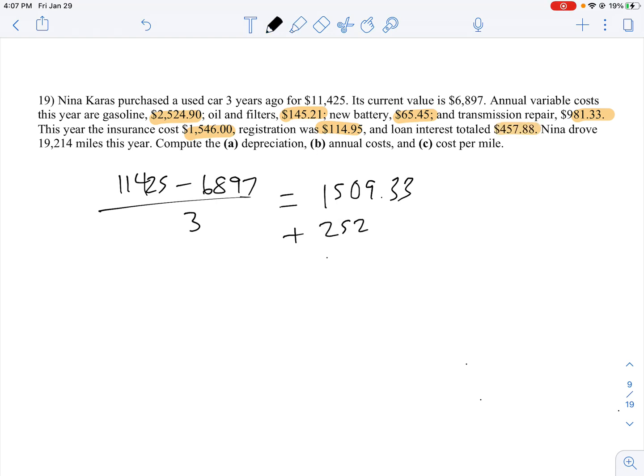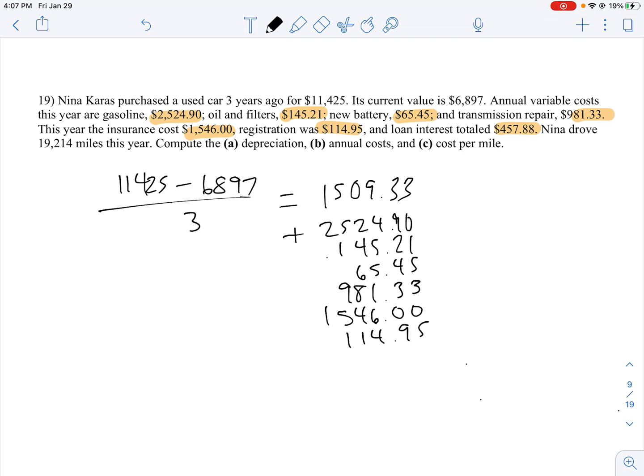So 2,524.90, 145.21, 65.45, 981.33, 1,546.00, 114.95, and 457.88.